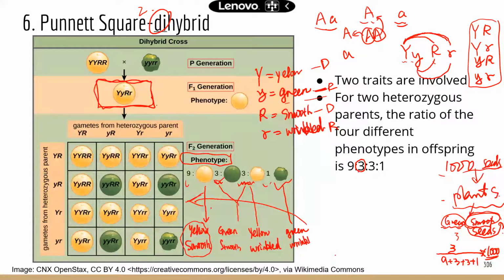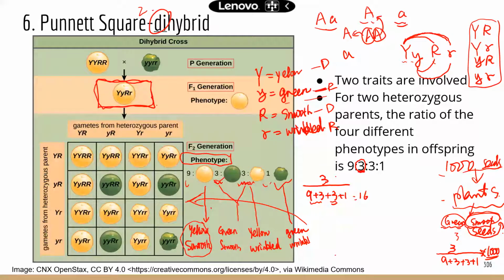So if it counts for 3 squares, then the proportion or the percentage is going to be 3 divided by the total number of squares, right? Which is 16. Now you can double check by adding up all the numbers. 9 plus 3, that's 12, plus 3, that's 15, plus 1, that's a total of 16.